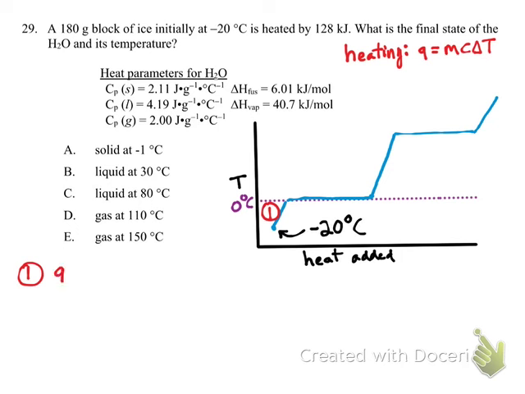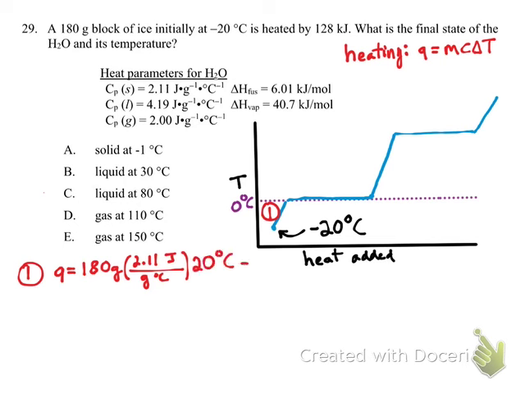So the amount of energy it'll take, Q, is equal to our mass, which is 180 grams of water, times our specific heat for solid water, which is 2.11 joules per gram degrees Celsius. And then the delta T is 0 degrees Celsius minus negative 20, our final minus our initial temperature, which is 20 degrees Celsius.